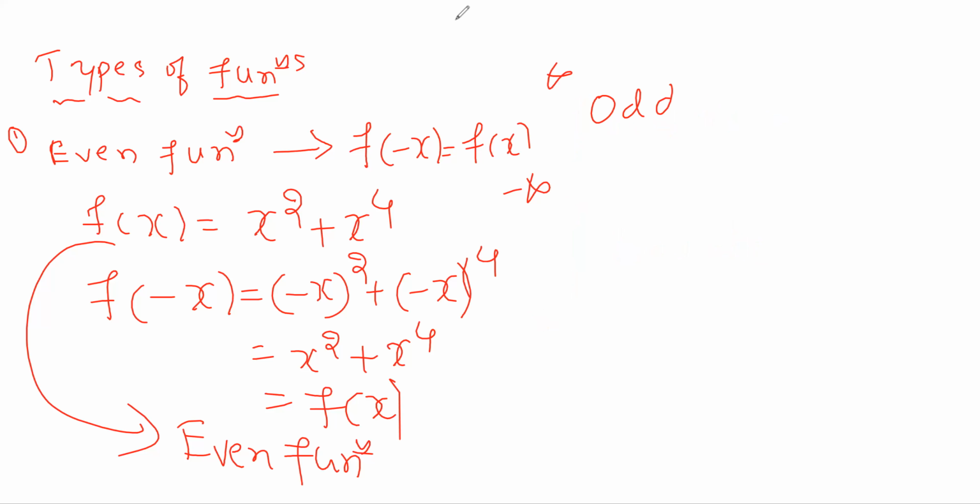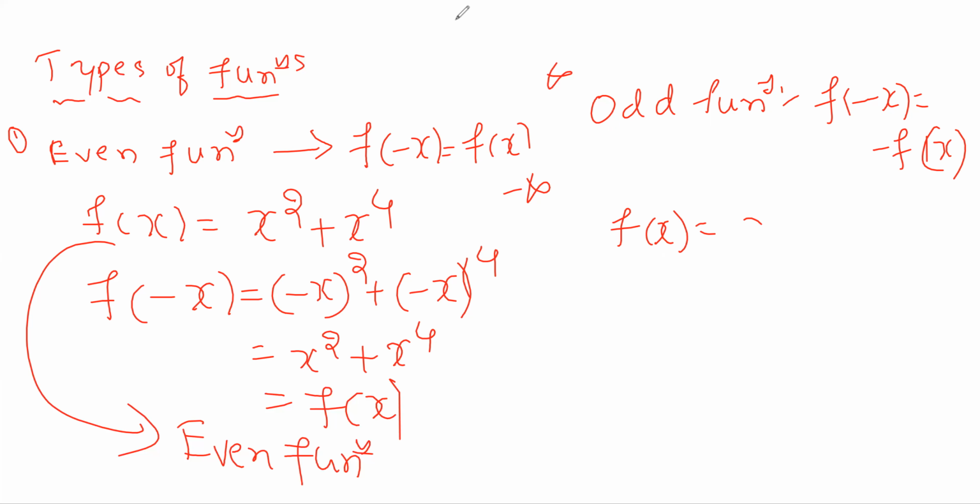Odd function. The definition is f of minus x equals minus f of x. f of minus x equals minus f of x. Just consider one example, f of x equals x cube.